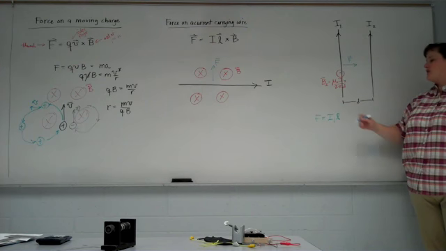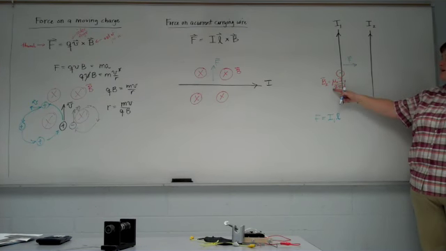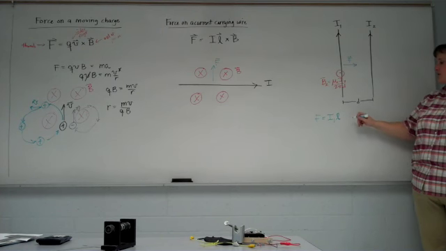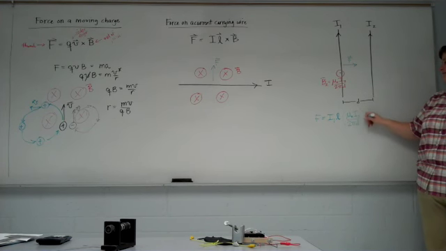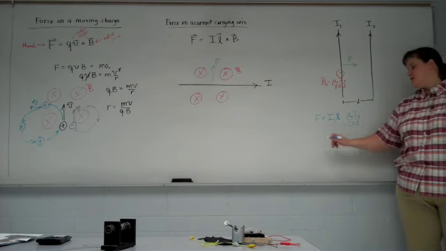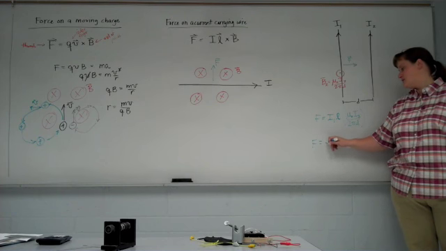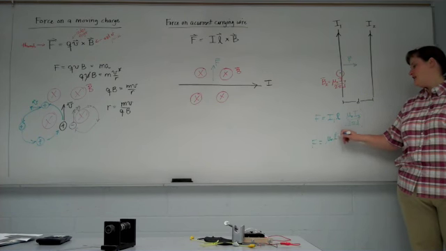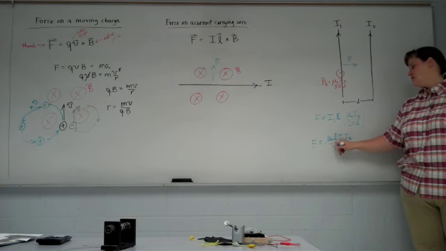We would need to know how long it is, and then we multiply by the magnetic field, the external one that wire 1 is in. Well, we already said wire 2's magnetic field is the one creating it. So our force on wire 1 is equal to mu naught L I1 I2 over 2 pi d.